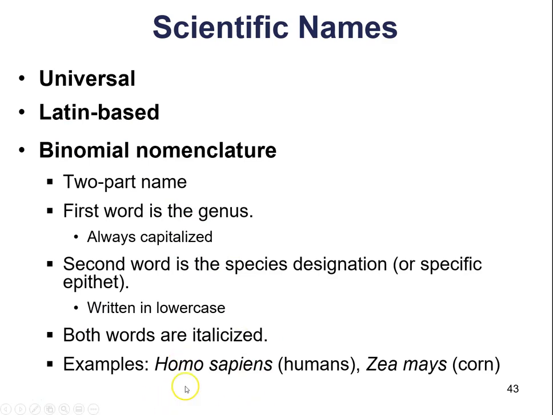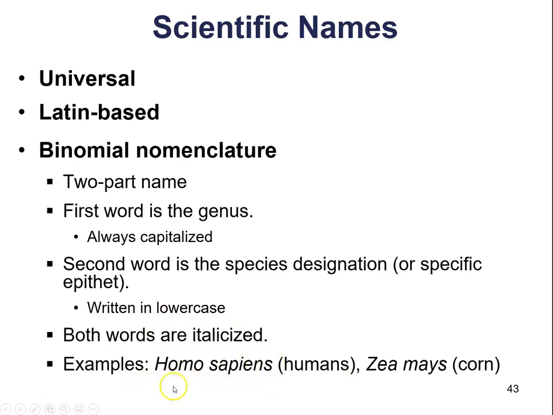So I showed you the example before in that table, right, of corn and also humans. Okay, so if we talk about the species, essentially this is the genus and the species, right? So Homo sapiens. Genus is capitalized. Sapiens is a species, and it's written in lowercase.